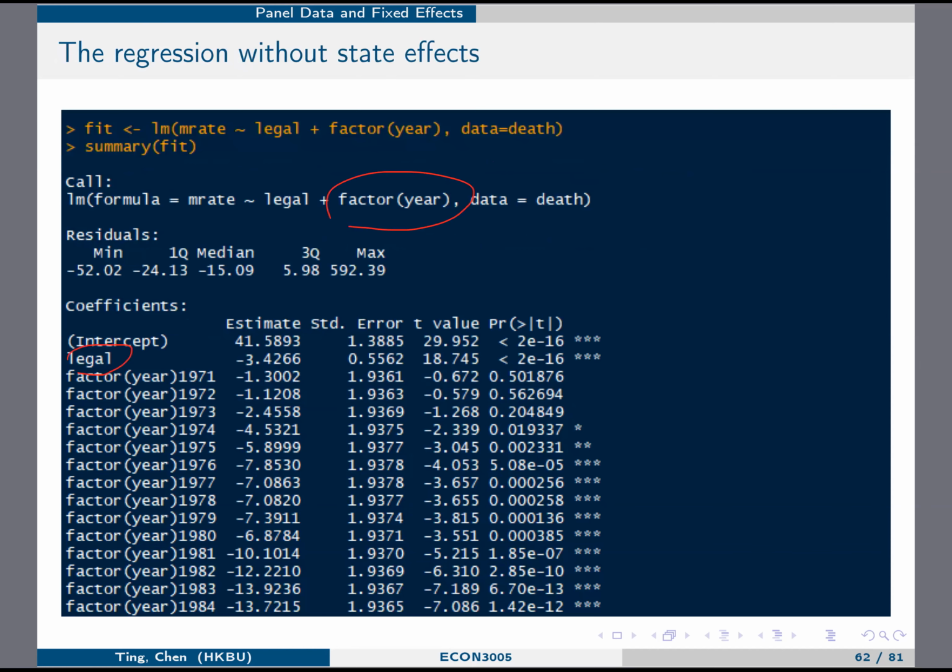But if you don't hold the mean of state constant, you can see the estimated effect is actually negative and significant. Obviously it's a biased estimate, because we didn't take into consideration the group difference, the mortality rate difference between different states before the treatment. So now we have this biased estimate of the causal effect.